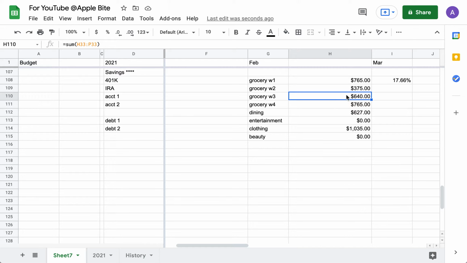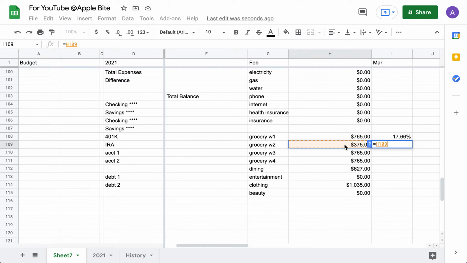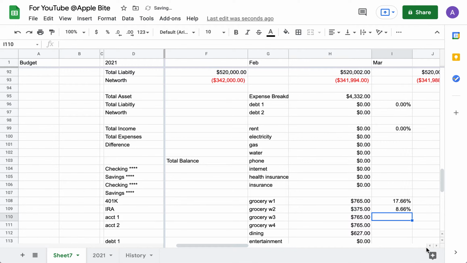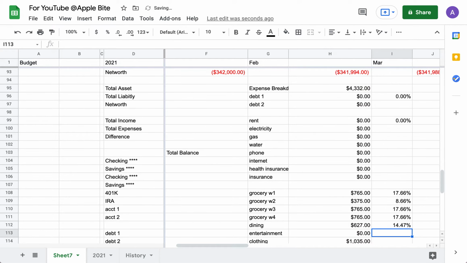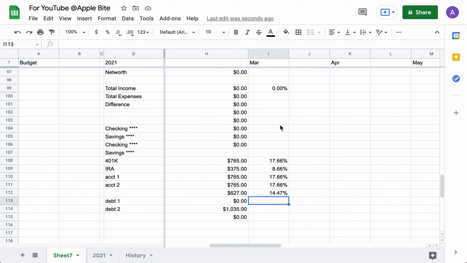Because they should be in the same row, so beauty, columns E to P, they should all be E to P. And you can now do this divided by the total, and you should get the idea of how to use this.